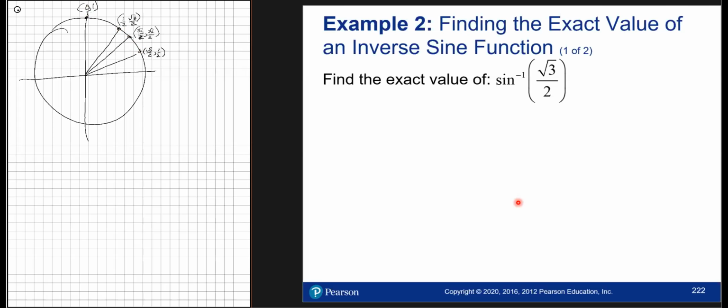So the sine is the y values of each one of these. And this angle here is 0, and this point here is 1, 0. So there we have the sine values, which are just the y values here. So whatever the angle this is, gives us the square root of 3 over 2 for sine.